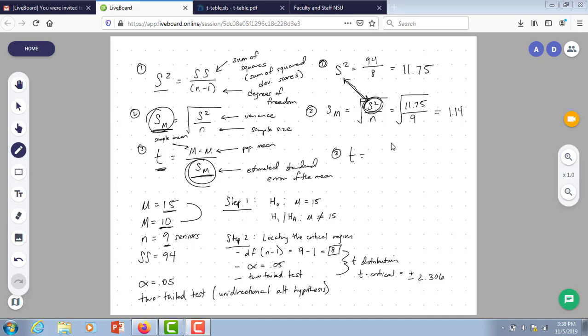Your sample mean is 10 minus 15 over 1.14. And when you do the numerator out, you end up with negative 5 over 1.14. And then negative 5 divided by 1.14 yields you negative 4.39.